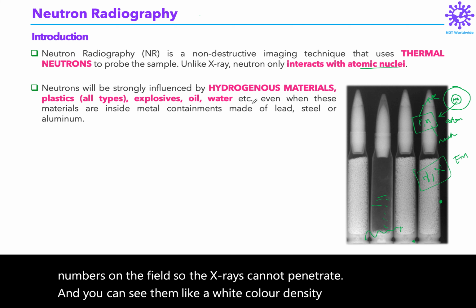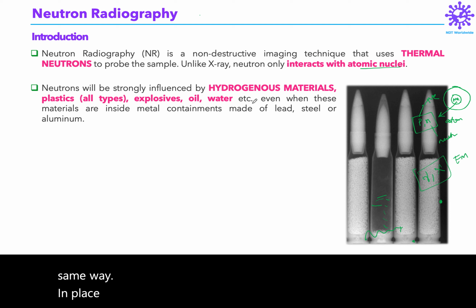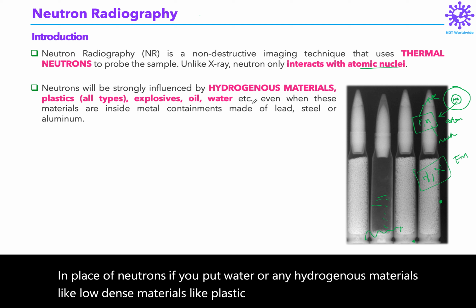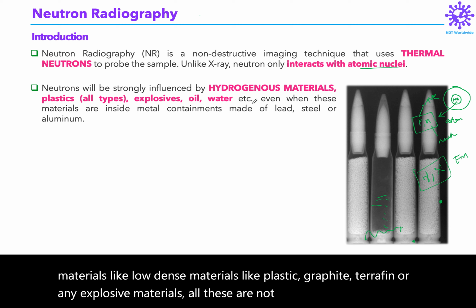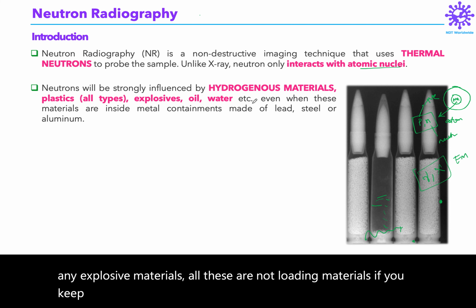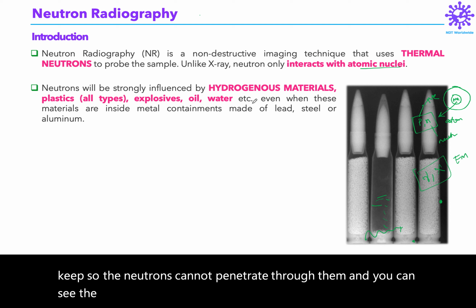Here, in the same way for neutrons, if you put water or any hydrogenous, low dense materials like plastic, graphite, paraffin, or explosive materials, the neutrons cannot penetrate through them and you can see the density variations very clearly.